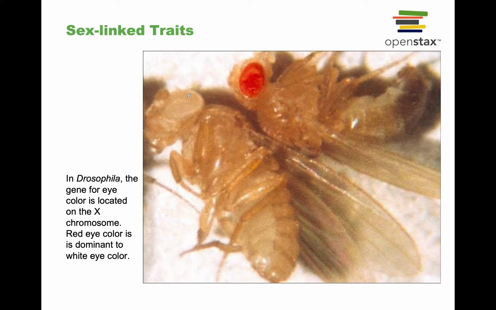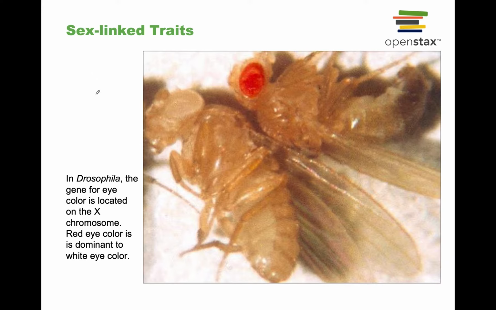And some of them have white eyes, so they don't have red eye color. And I want to emphasize here that just because something is dominant doesn't mean it's more abundant. So don't mistake a dominant allele for abundance or strength. All a dominant allele means is that it can be expressed both in a homozygous dominant individual and in a heterozygous individual. That's all it means.